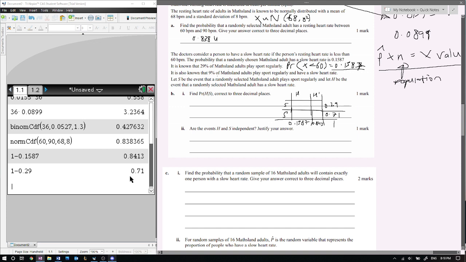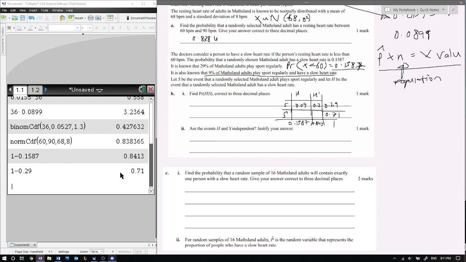So it is known that 9% of Mathsland's adults play sport regularly and have a slow heart rate. So it's saying that 9% of them are in S and H, so S and H, and that is 0.09. And from that you can fill out the rest of the table. Let me just work these out.